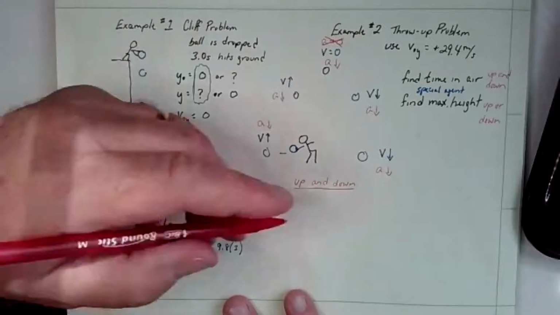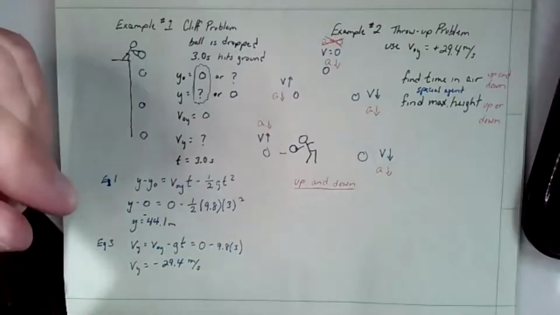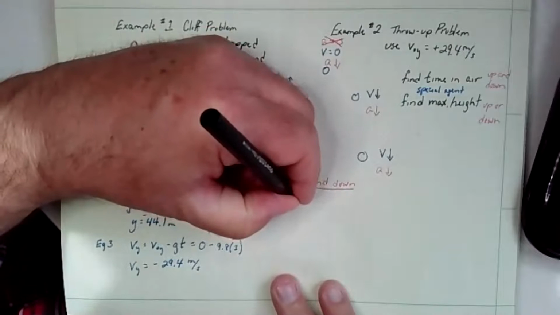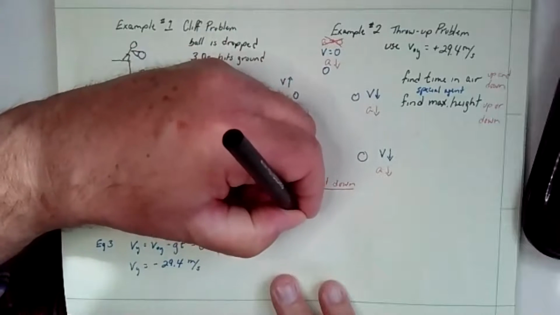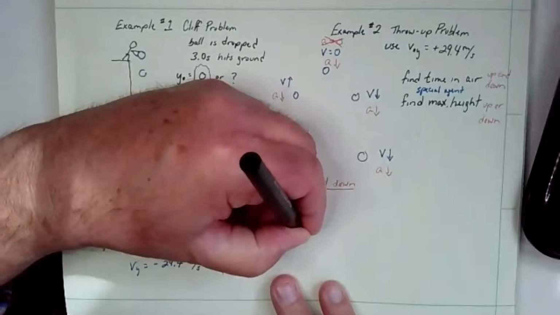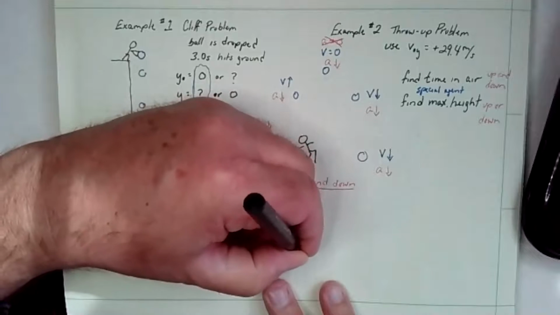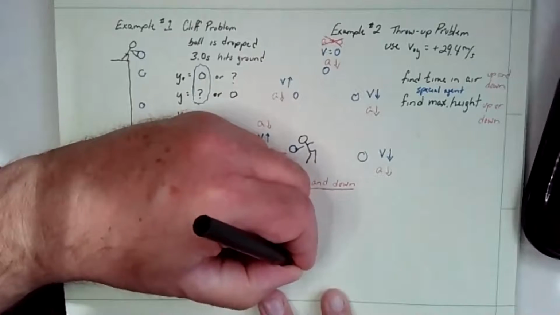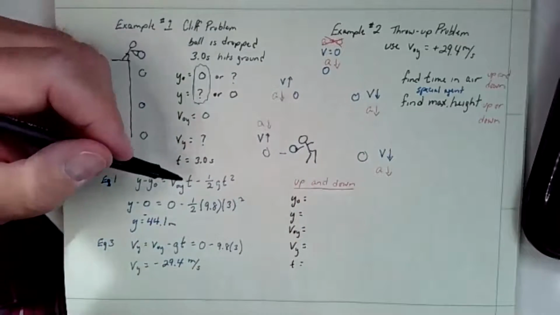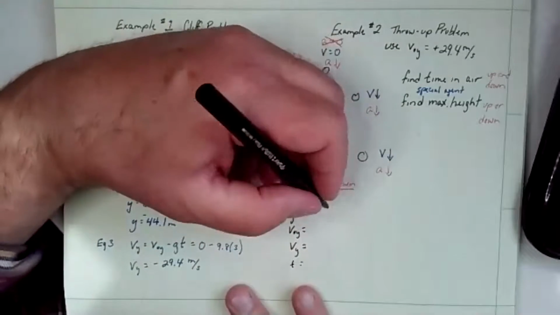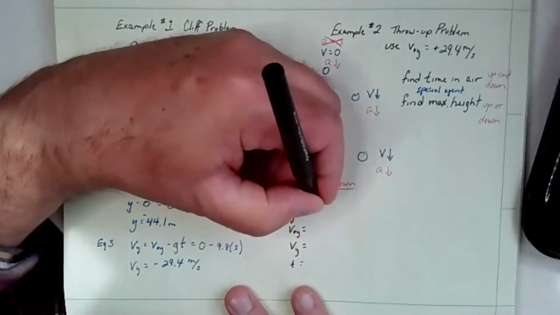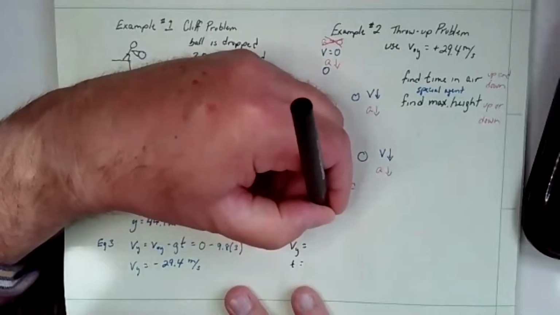So the conditions for up and down, we can go ahead and write down what our variables are. Well, up and down has the unique quality where it's going to start off at 0 meters, and then it's going to end up at 0 meters.